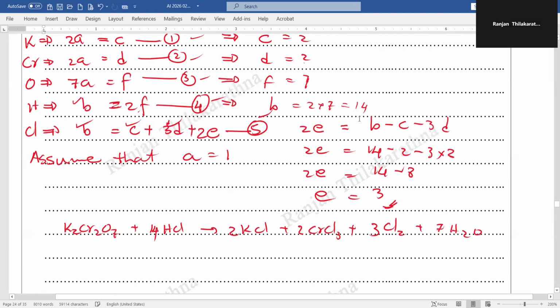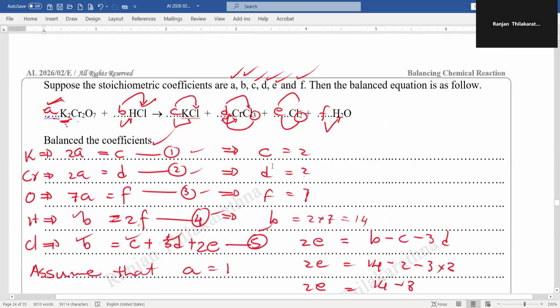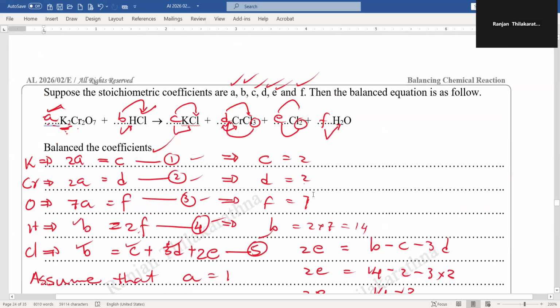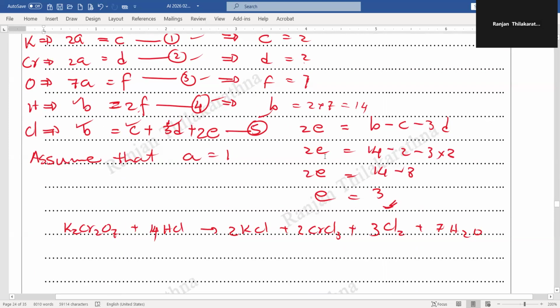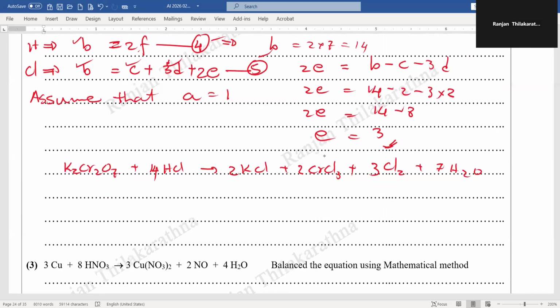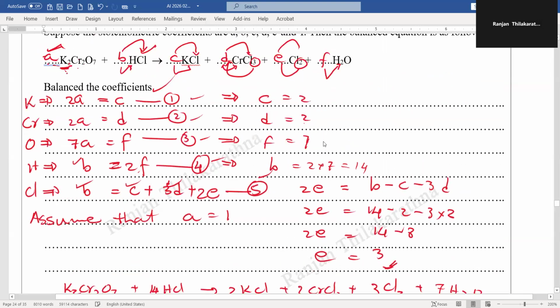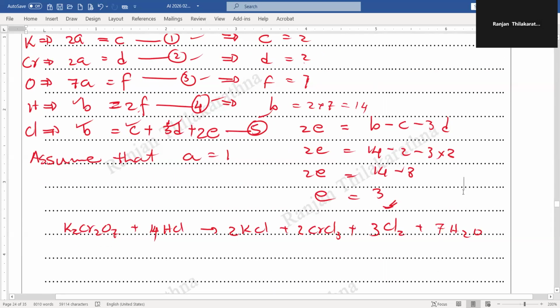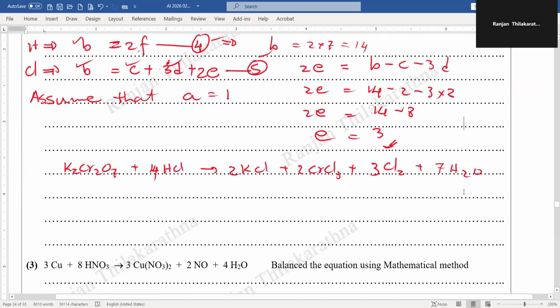Did I get such a number? Yes, B equals 14. Let's see what is wrong. Right, then this is the balanced equation.